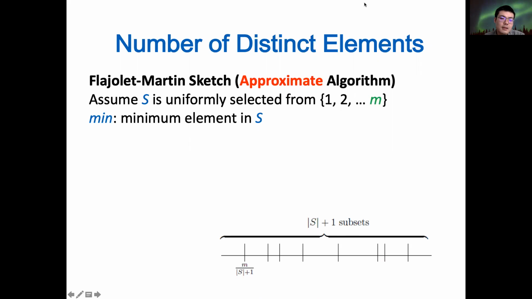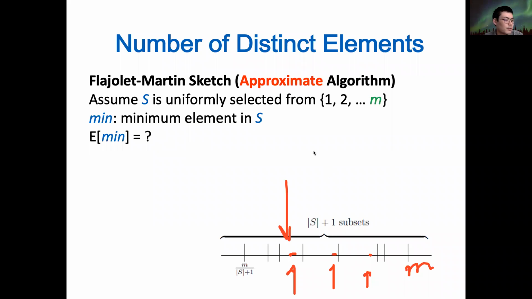Let's think about this. If we assume the items are uniformly distributed, let's say we have 3 items, uniformly distributed among the m items, really super evenly distributed, then we will have 3 items like this. What's the minimum element here?